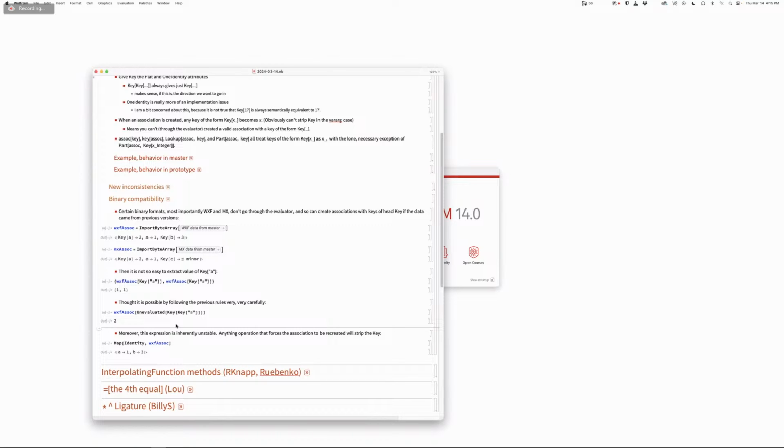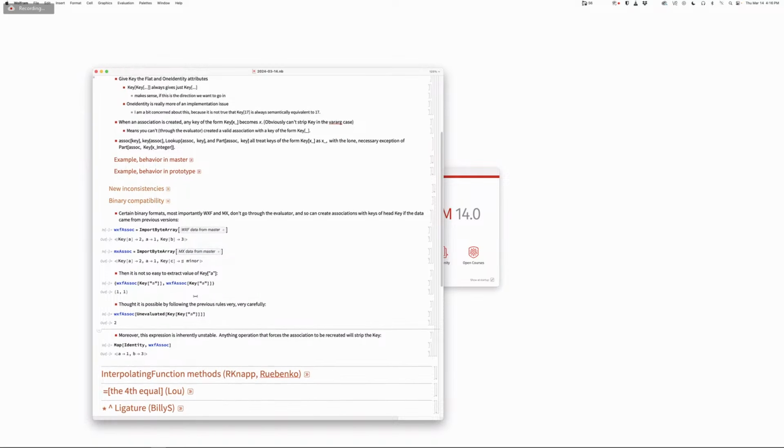And if you think very carefully about all of the preceding, you can extract it, which is you need to do Unevaluated of Key, because that will prevent the Flat attribute from firing. And then the Lookup function will strip one level of Key and find the thing that you're looking for. But it took me several minutes of thought to come up with that construction once I noticed this issue.